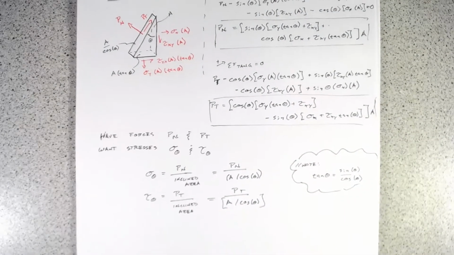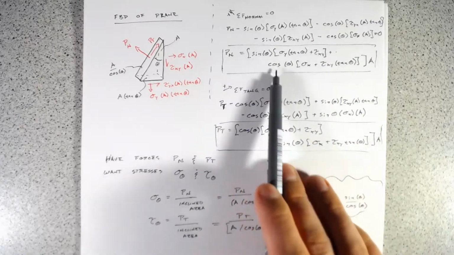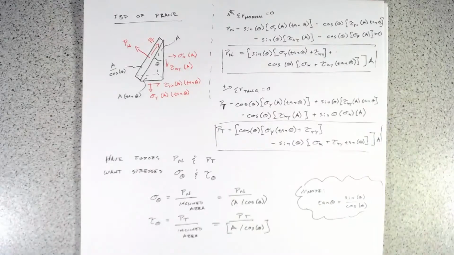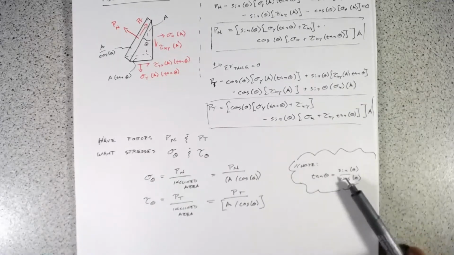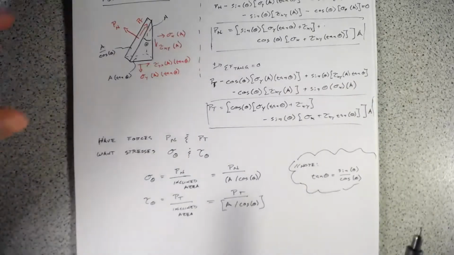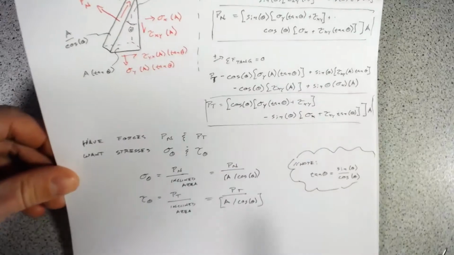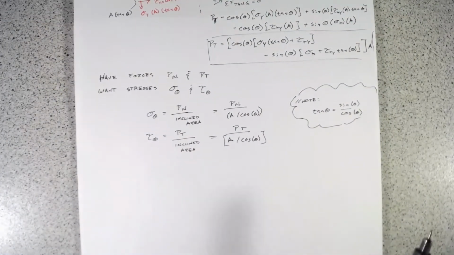So why do I do that? Well, we have a lot of tangent thetas through here, but we also have sines and cosines. And so being able to use this fact, we can simplify things down. I'm not going to work through all of the algebra. I can post a derivation if that's desirable.